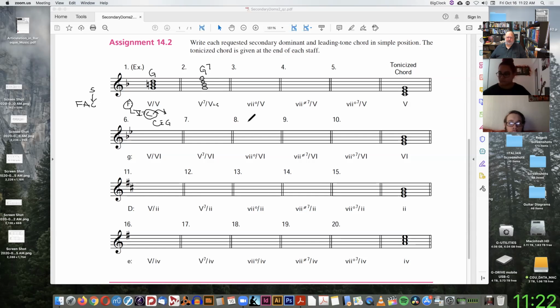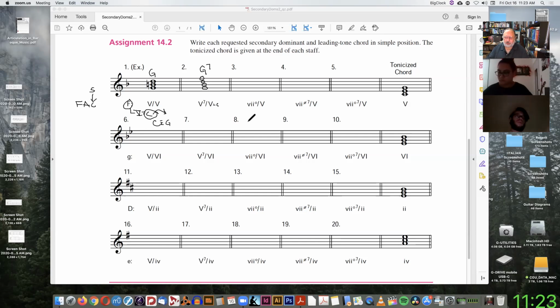The 7 of 5. Now we talked about how 5 and 7 can be swapped out for each other, and that's what they're doing here. So in the key of C, what's our 7 chord in the key of C? It'd be a B, right?